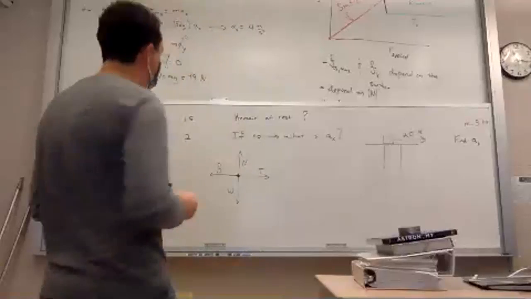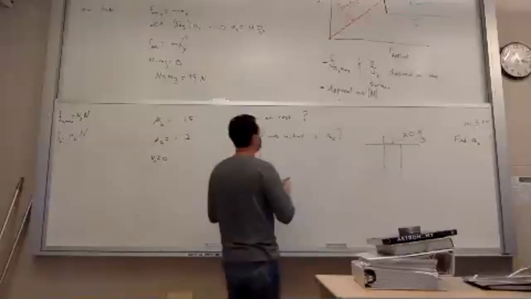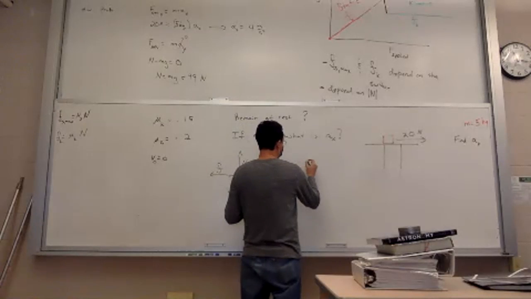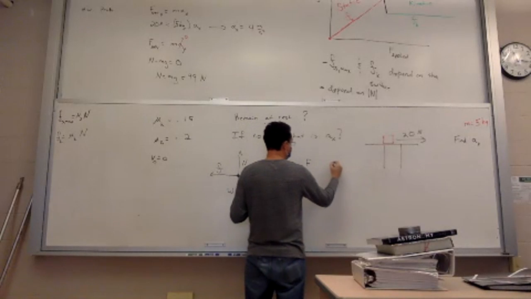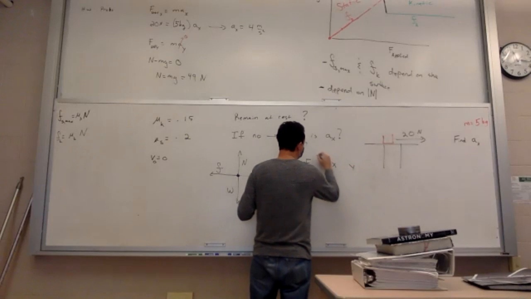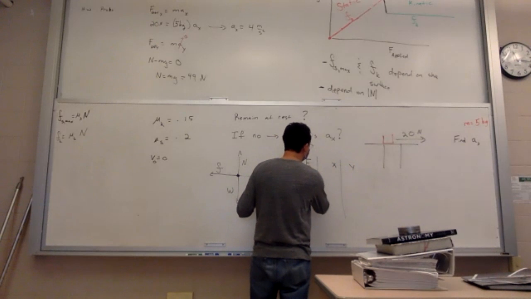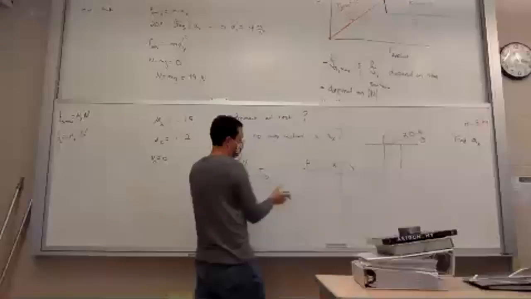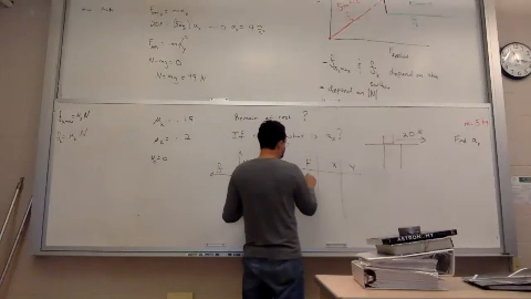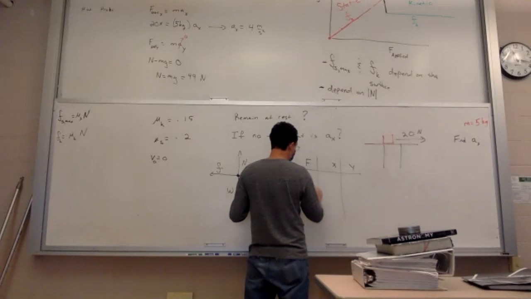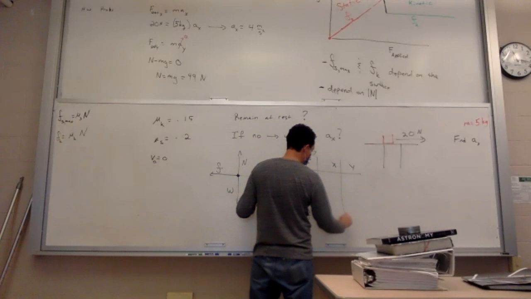Force table here. If I was constructing a force table, I'd say I've got forces in x and y. I'm going to choose x and y the same way I did before because nothing's rotated. So I had weight, normal force, tension, and now I have friction force.